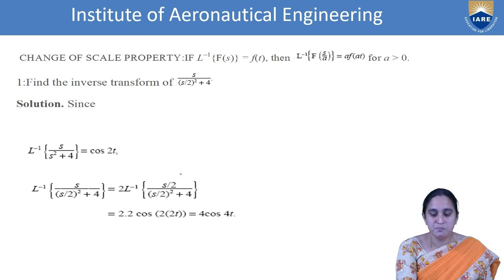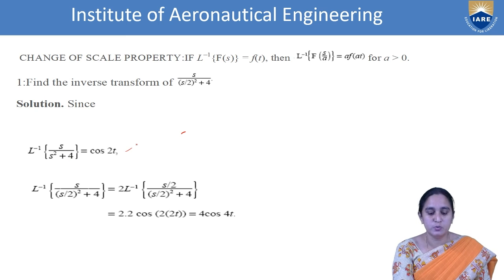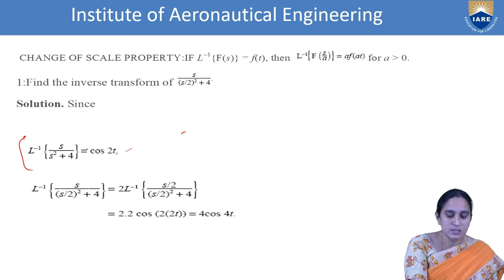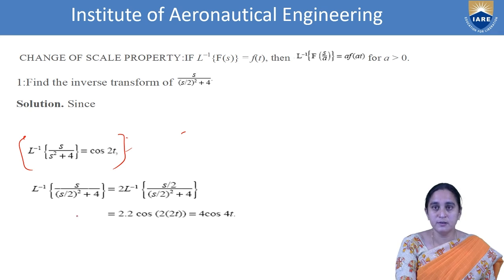Before applying the change of scale property for the given question, first I am using Laplace inverse of s by s square plus 4. 4 means 2 square. What is the formula of that? Cos 2t. Write this down in brackets. After that, I am applying the change of scale property for the given question. Here, what is missing?